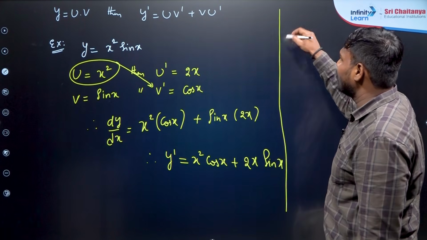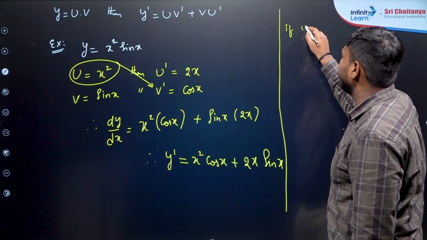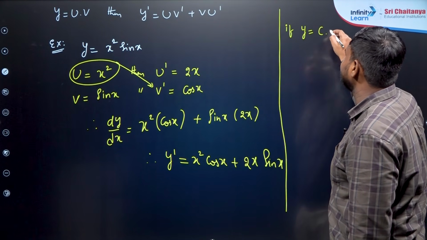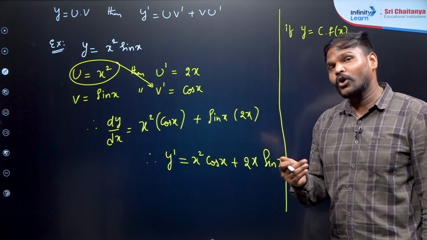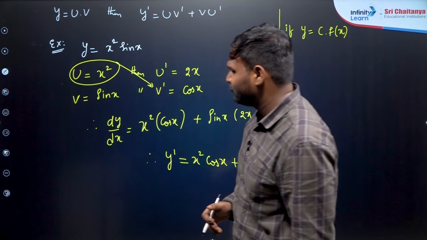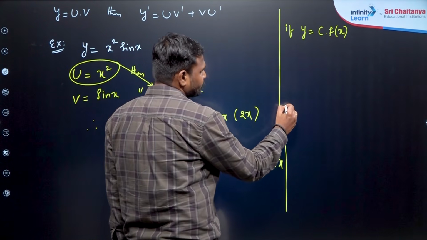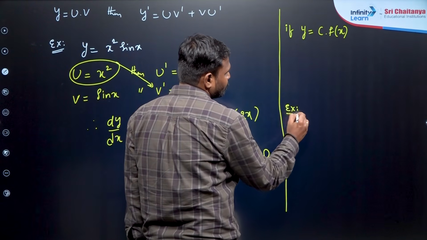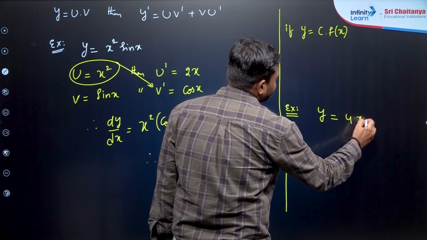Currently, let us focus on another formula. If y is equal to a constant multiplied by a function, y is equal to constant multiplied by a function. What do you mean by that? 4x cube.